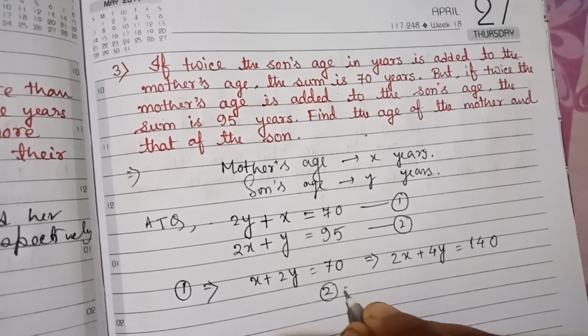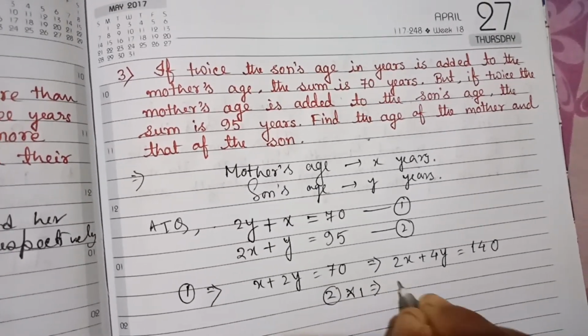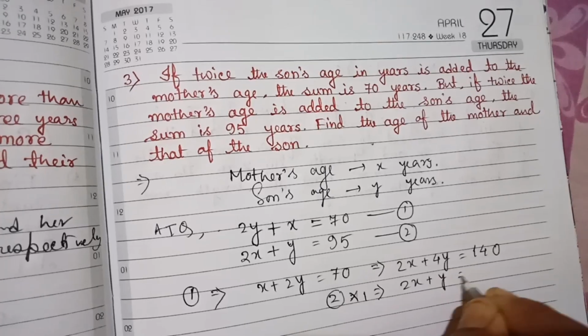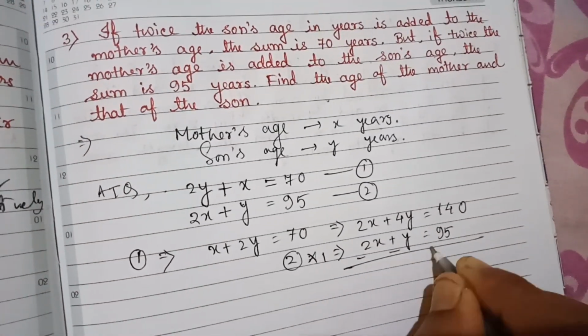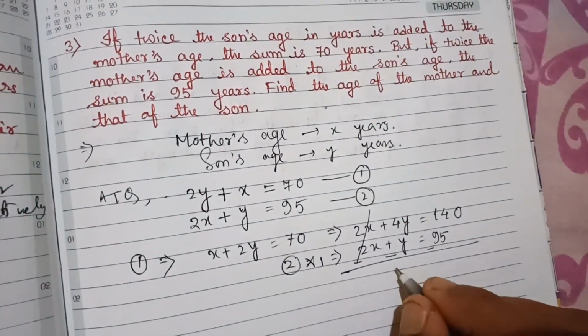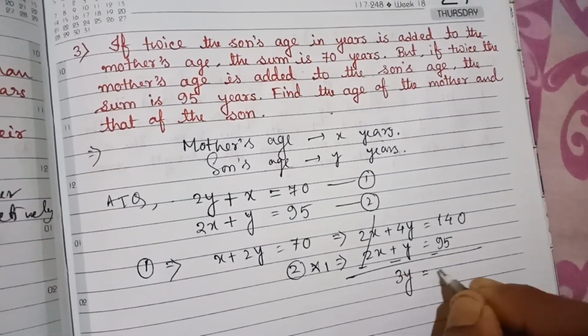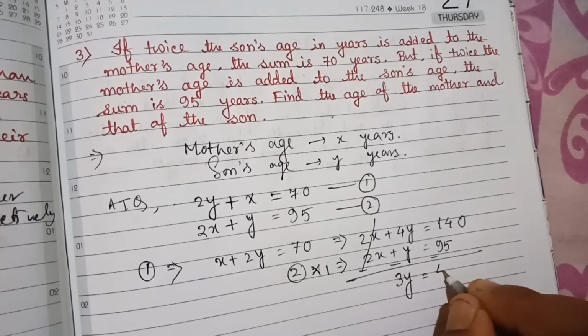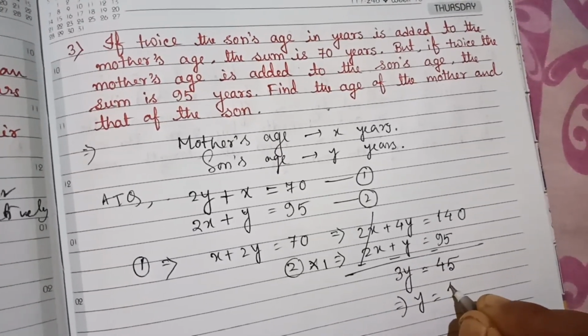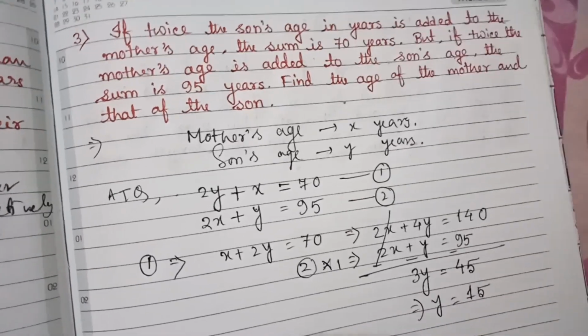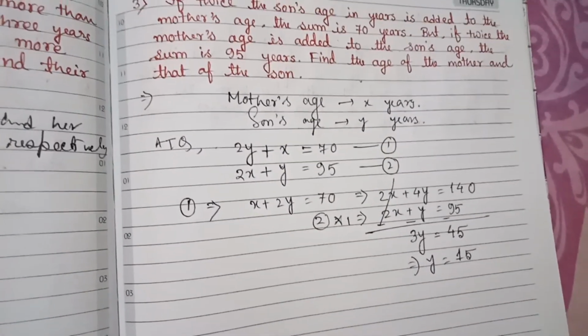And number 2 I am multiplying with 1. We are getting 2x plus y equals 95. From this, subtracting, 2x will be cancelled out. Ultimately we are getting 3y equals 45. That means y equals 15. We have got y's value.